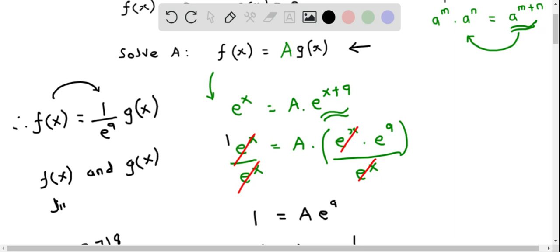They are linearly dependent, since they are constant multiples of each other.